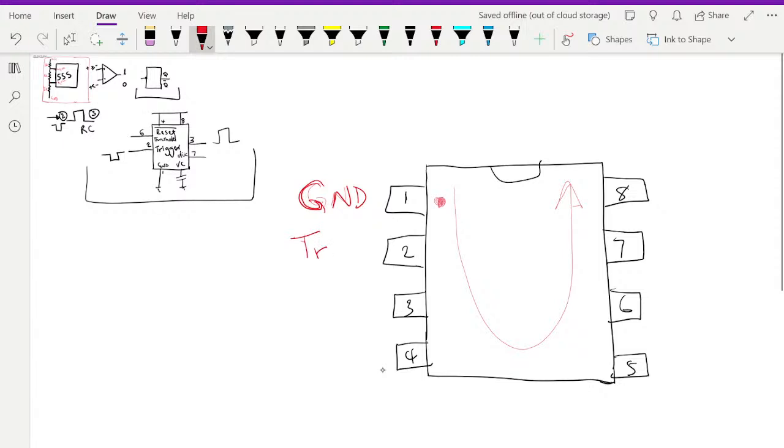Pin 2 is your trigger pin. Pin 3 is your output. Pin 4 is your reset, and just for clarity, we're going to put a bar on it because only low-going pulses will trigger that reset. Pin 5 is control voltage.